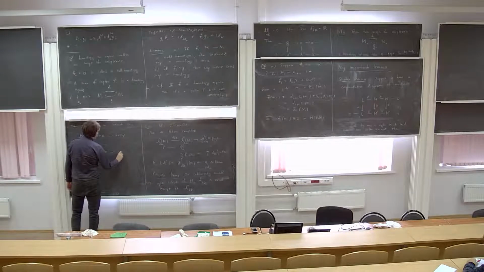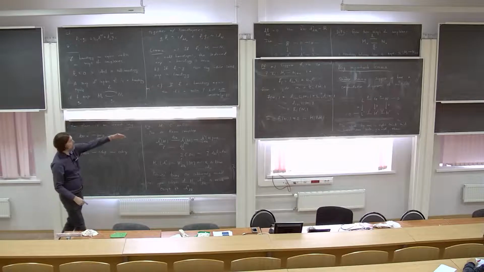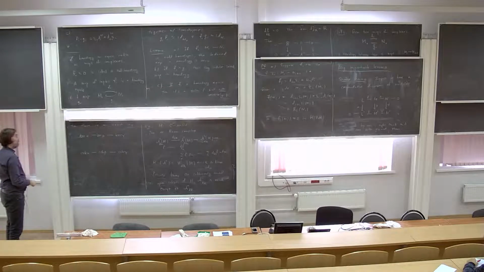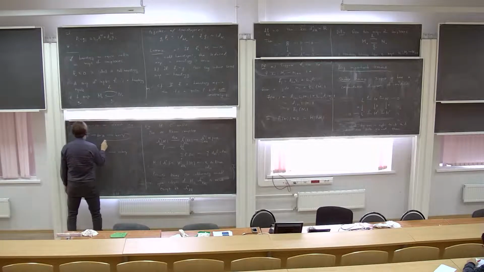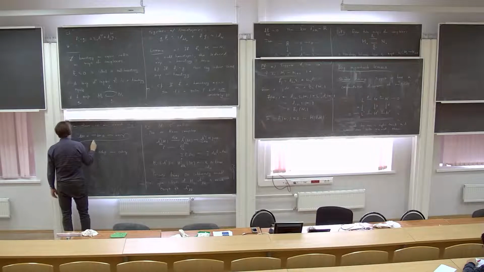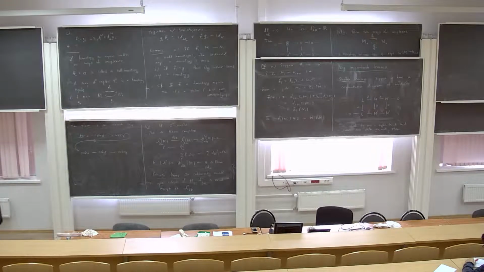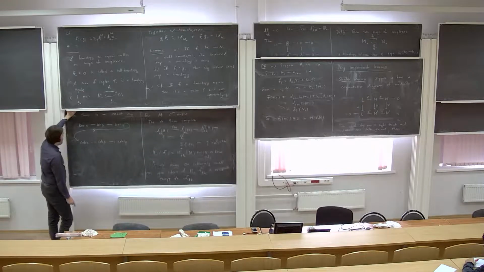It's also easy to see that the composite of any two is 0, just because they were induced by maps whose composite was 0. And the interesting part is that there's some additional map here called delta. I have to tell you what it is. This is why it's called the Snake Lemma, because of this map. So there's an exact sequence like this.